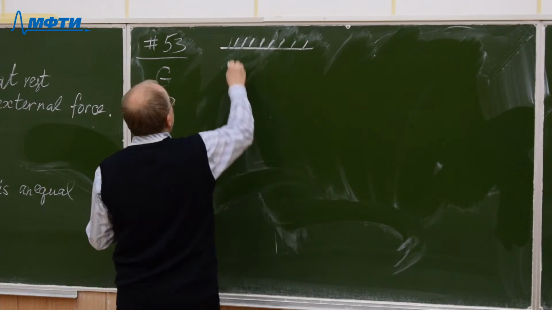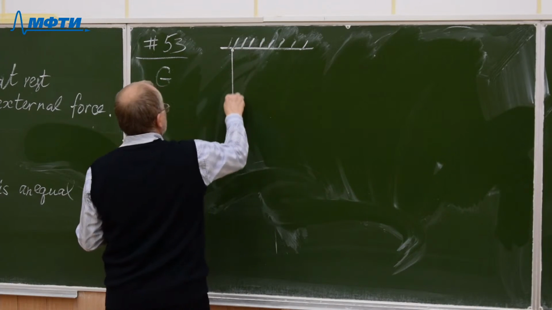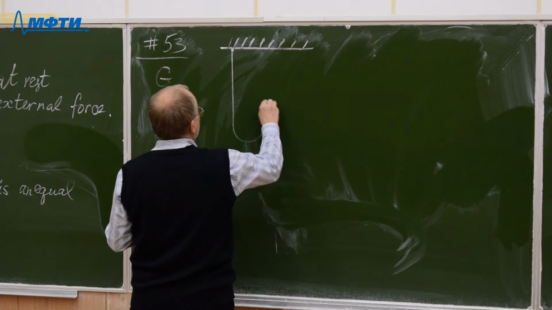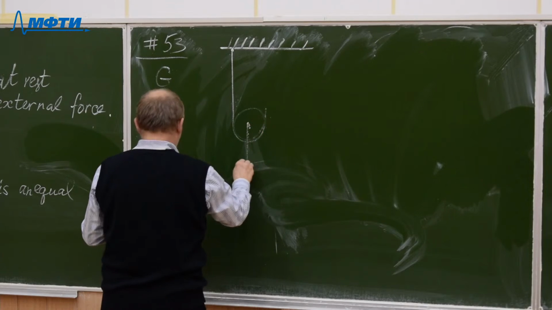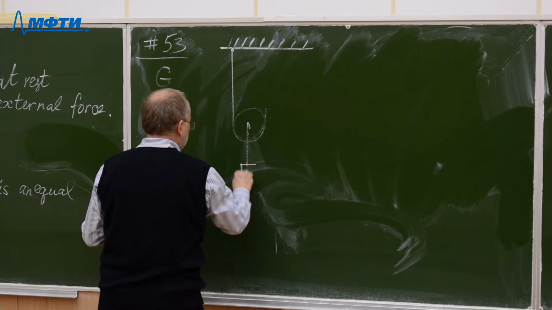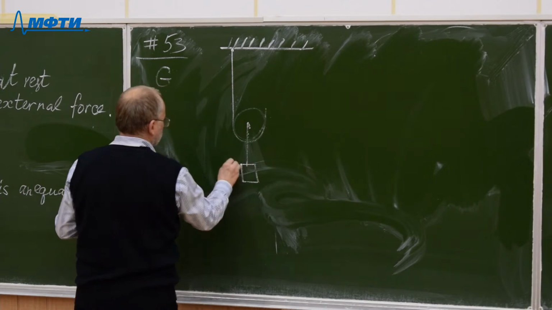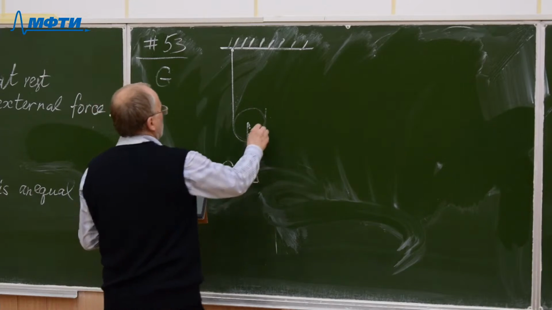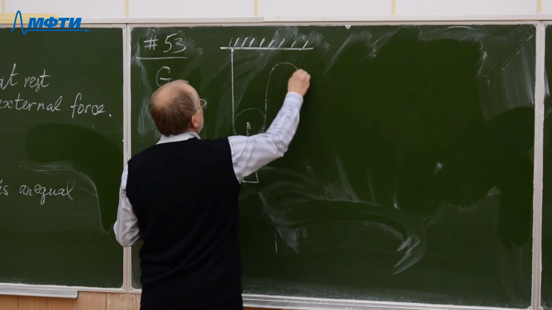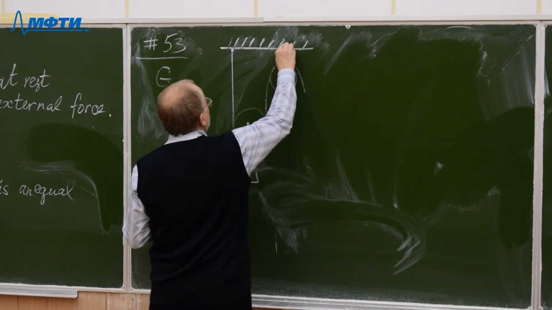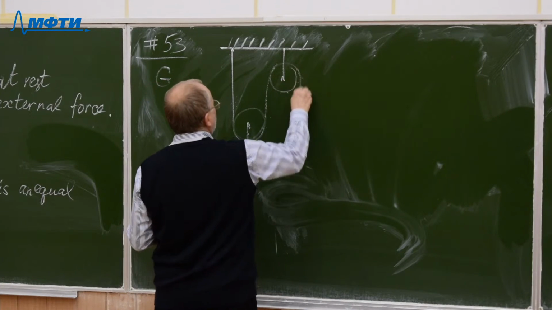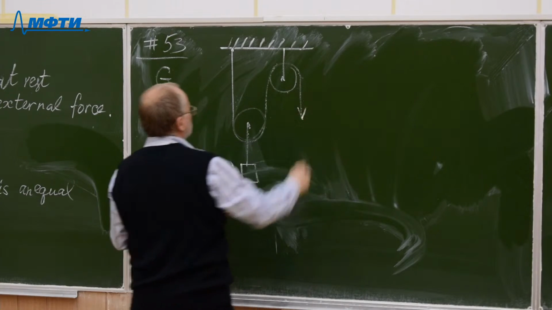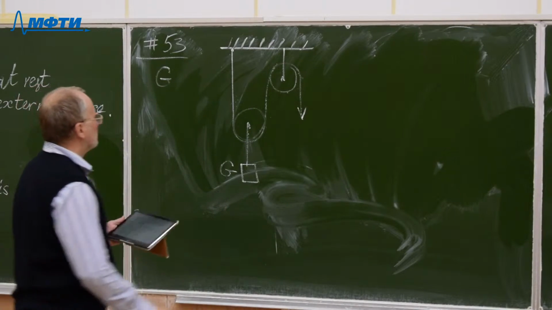There is a string that goes around the moving pulley, and the weight is attached here. This is the weight G, and the string goes through the fixed pulley, and then it's pulled by force F.